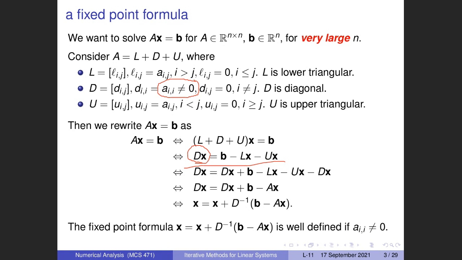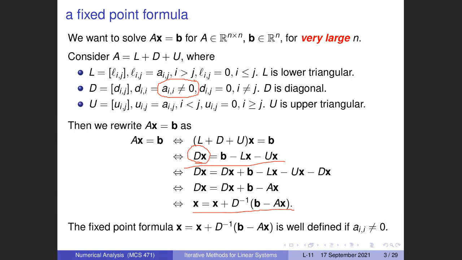We rewrite this a little bit differently. Since the elements on the diagonal are all non-zero, we can explicitly write the inverse of the diagonal matrix. Normally we don't really do this, but the inverse of a diagonal matrix is just taking the inverses of all the elements on the diagonal.